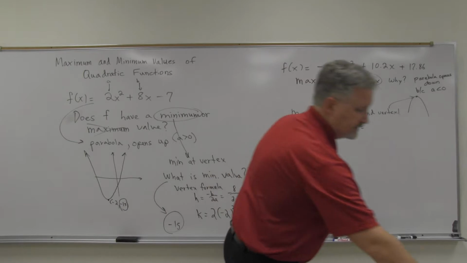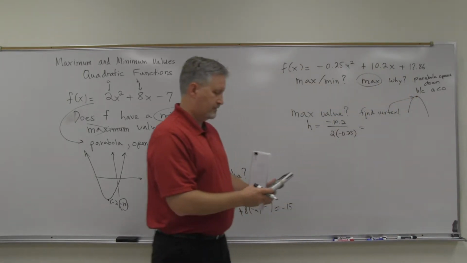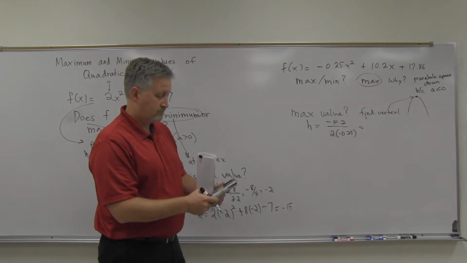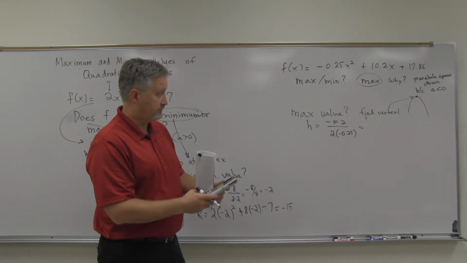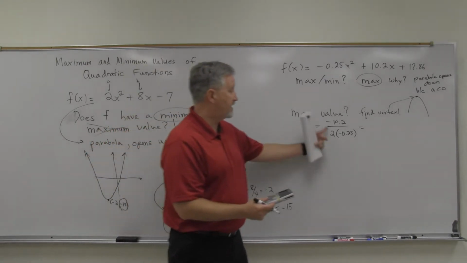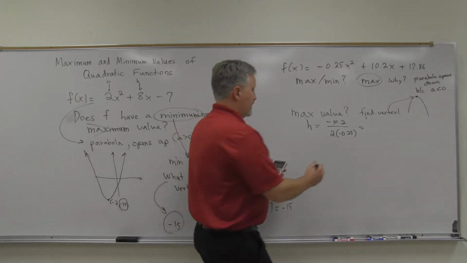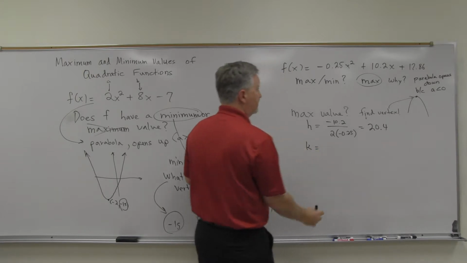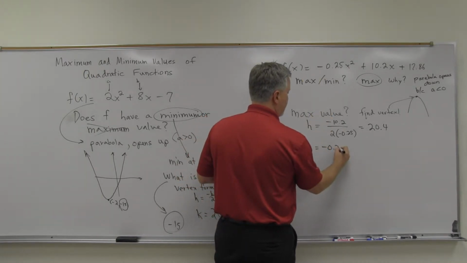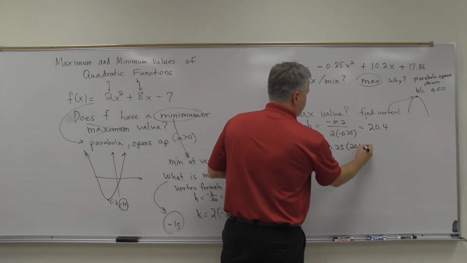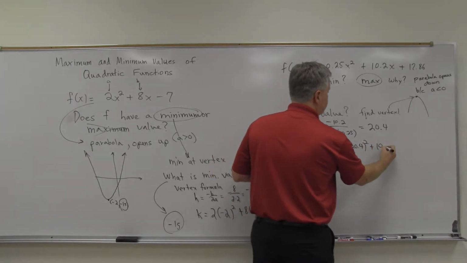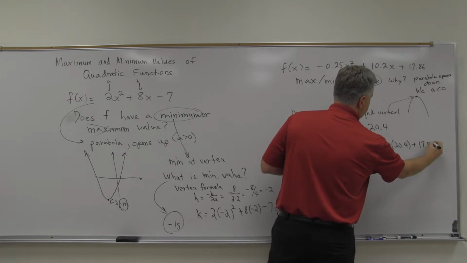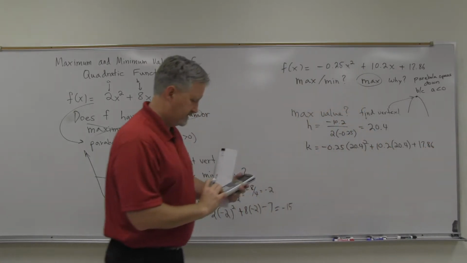I think it's negative 20.4. Negative 20.4? It's positive 20.4. Yeah, I got a negative divided by negative, don't you? Yep. So it'd be a positive 20.4. And so then the k, plug that in, you got negative 0.25 times 20.4 squared plus 10.2 times 20.4 plus 17.86.